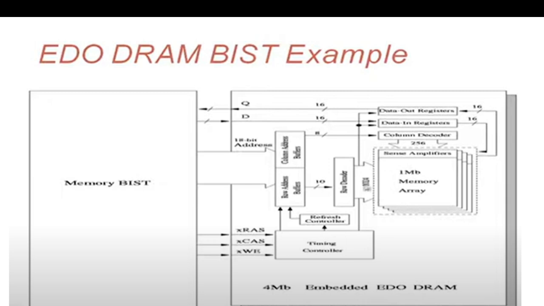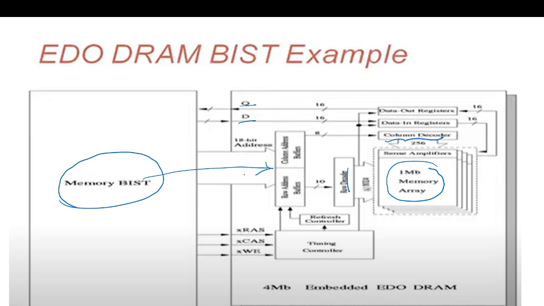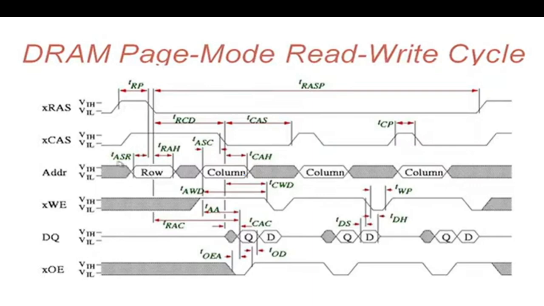EDU RAM BIST example. Again, we have a RAM memory cell, this is the complete RAM architecture that we have seen with the row decoder, column decoder, and Q, but added with that, we have a memory BIST which is applying the March patterns.